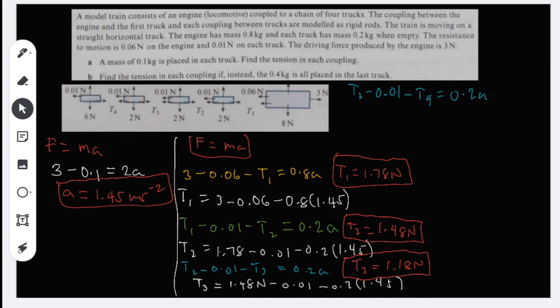So we're going to come up here with the value of T sub 4.